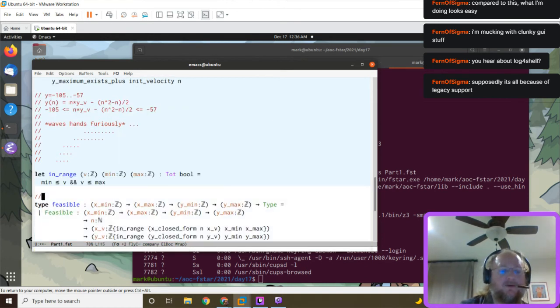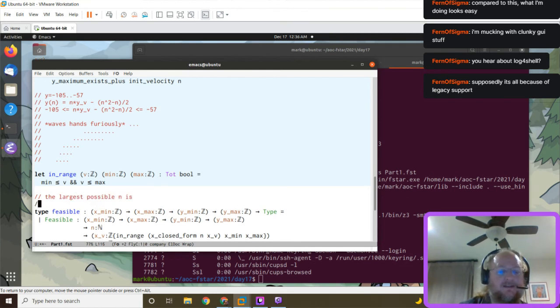All right, so the largest possible n is such that we slow no matter how high.